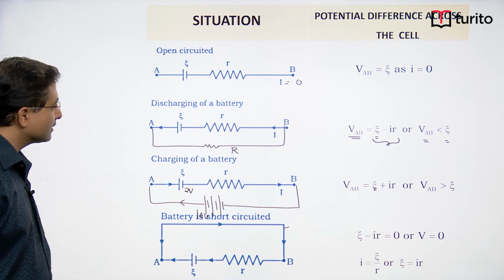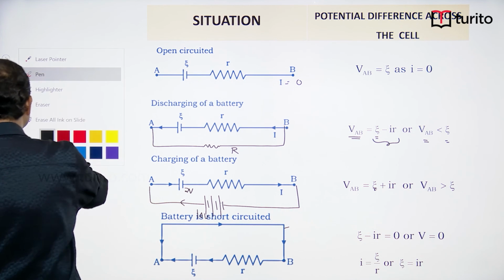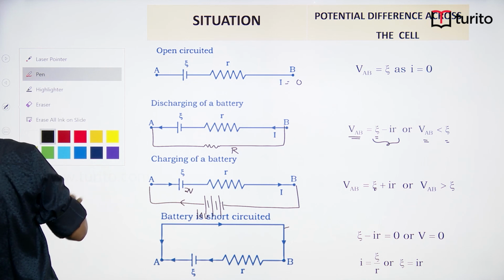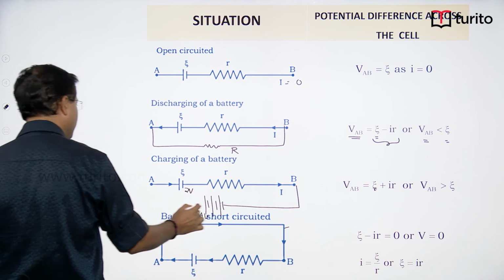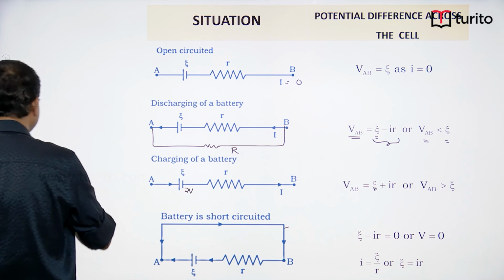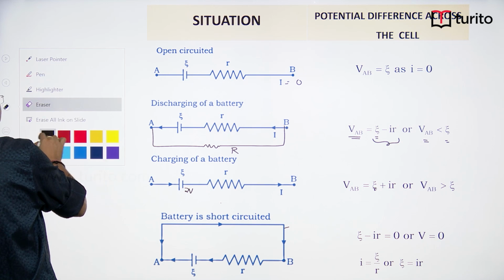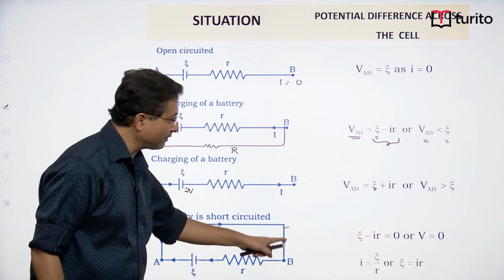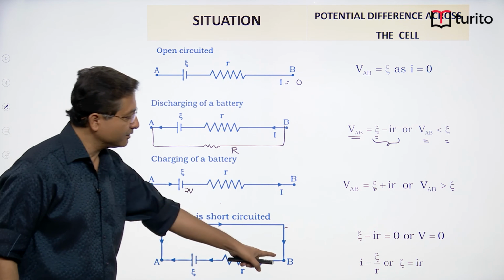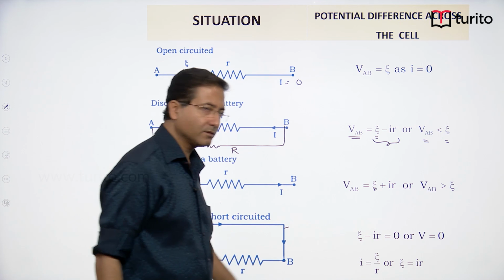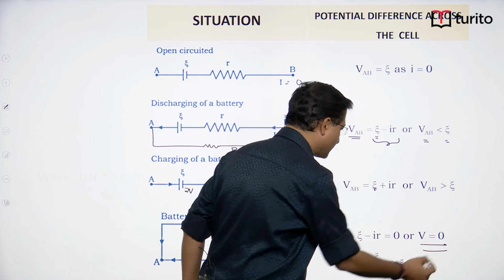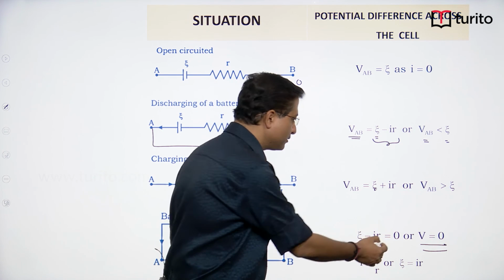One more possibility is there, that is we connect two terminals of the battery by a conducting wire. If I connect these two terminals, then the potential difference will become 0, and that means E minus IR must be 0.